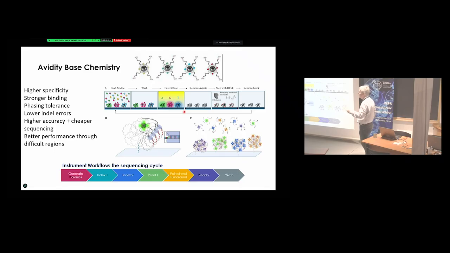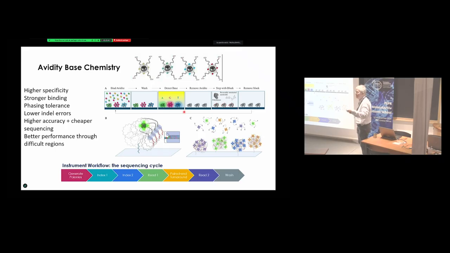So you decrease the volume of reagents needed for the sequencing, and a large part of the cost of Illumina sequencing comes from the cost of the reagents, and the fluorescence is particularly expensive. Having with the avidite the capacity to bind at nanomolar rather than micromolar makes a huge difference.